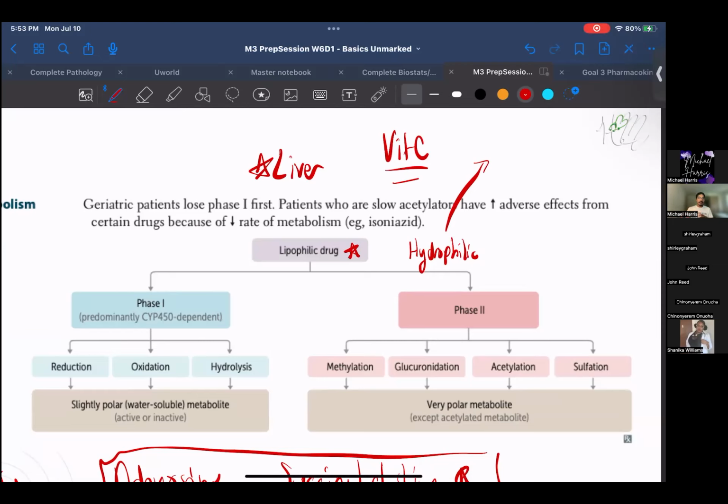Okay, does that make sense? So, what do you think is happening when they finish phase 1, move on to phase 2, and they become very polar metabolites? What do you think ends up happening? You pee them out.